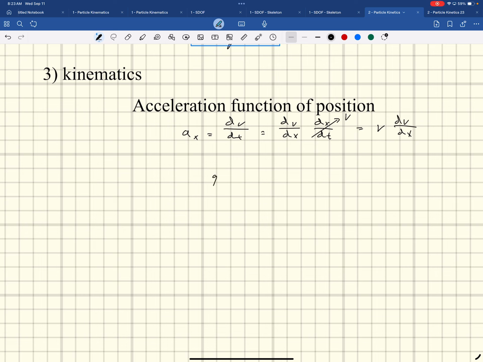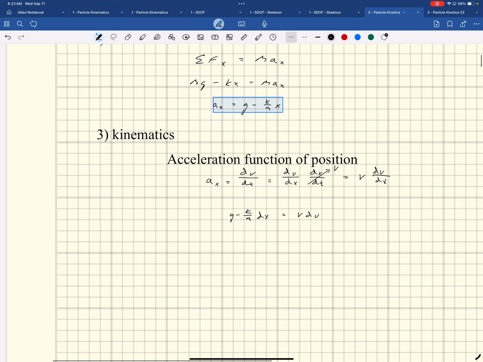So we got (g minus k over m times x) dx is equal to v dv. Right, I just substituted in what a_x was. Right, this is just a_x. I just put in a_x there, and this is an x here.